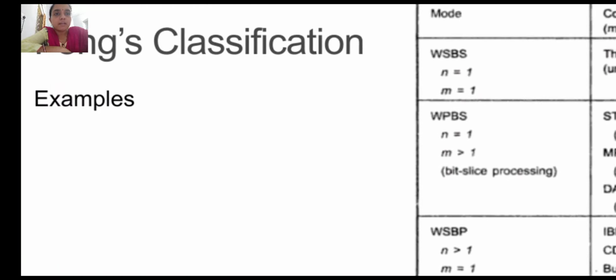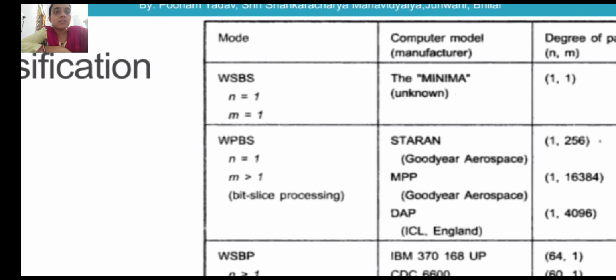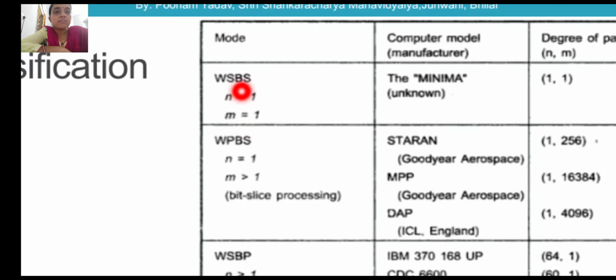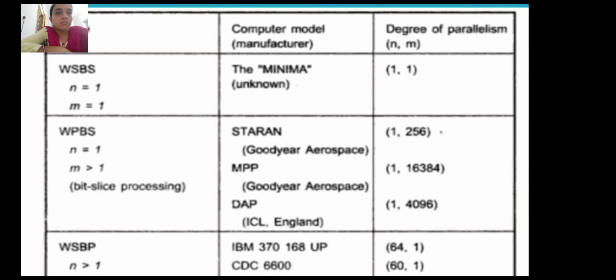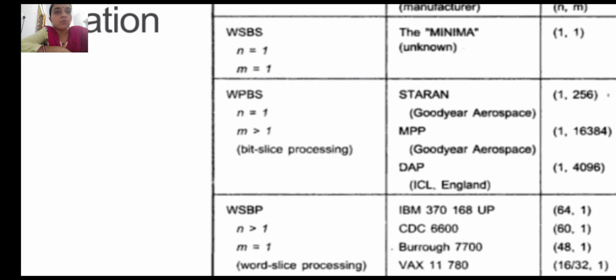Now here are examples of Feng's classification. In the first, WS, BS both are serial, or both are 1, and we have the minima example, where the degree of parallelism is 1,1. Then WSBP, where n is equal to 1 and m is greater than 1.